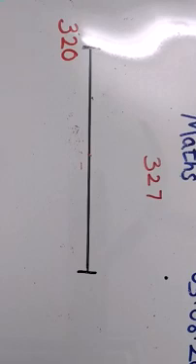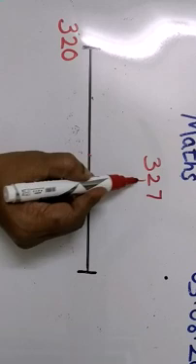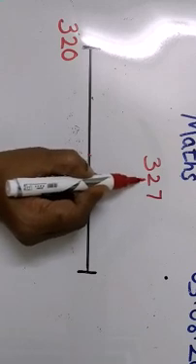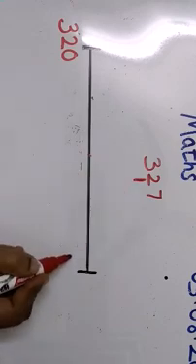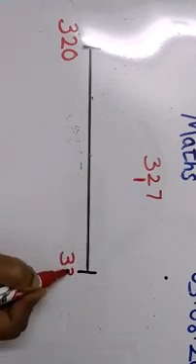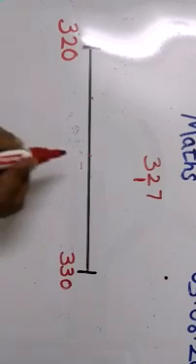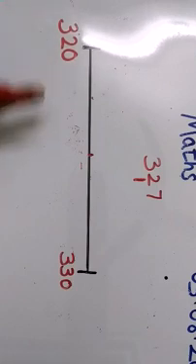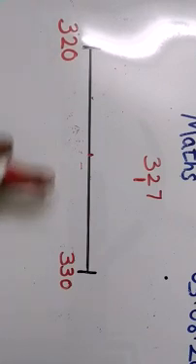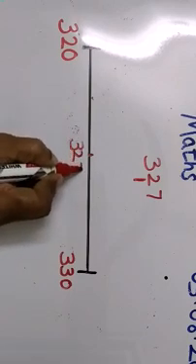And now my higher side: how do I get it? By adding 1 in the tens place. So when I add 1, this becomes 330. Now, between 320 and 330, what number would come in the middle? 325.